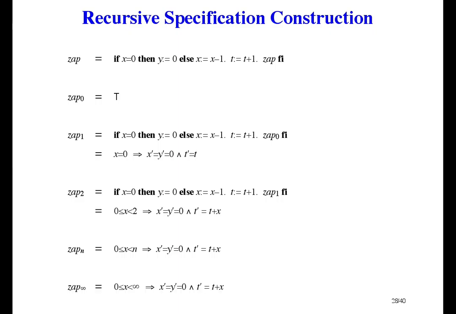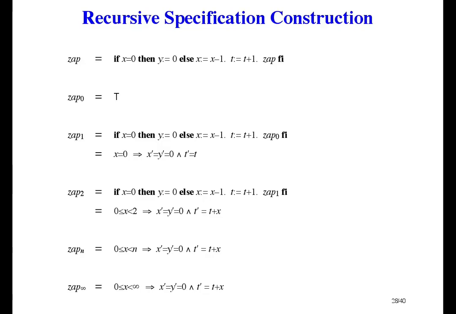Then we replace n with infinity, and we have a candidate, which we have to test by seeing if it satisfies the construction axiom. And if we have an induction axiom, we have to test it in that too. In this case, it does satisfy both of them. It is the weakest solution for zap.